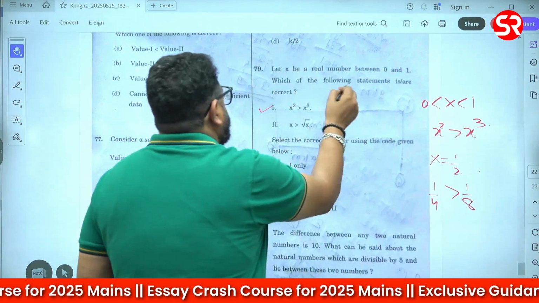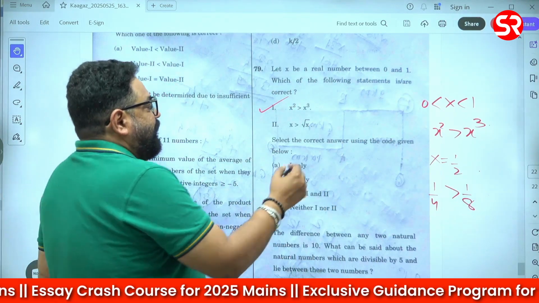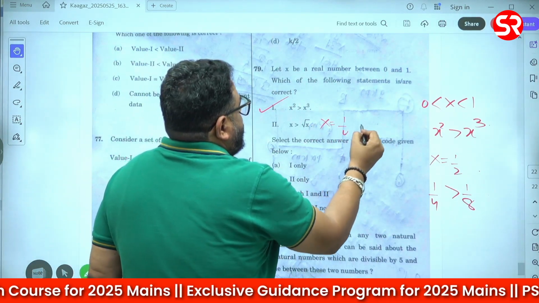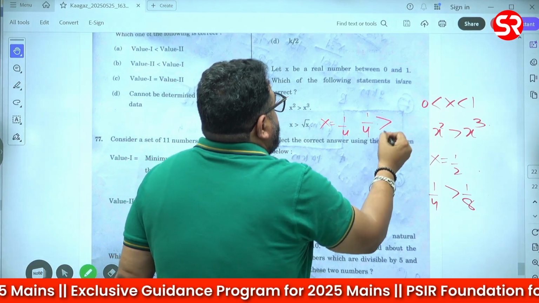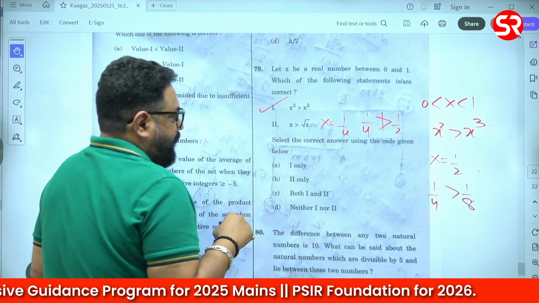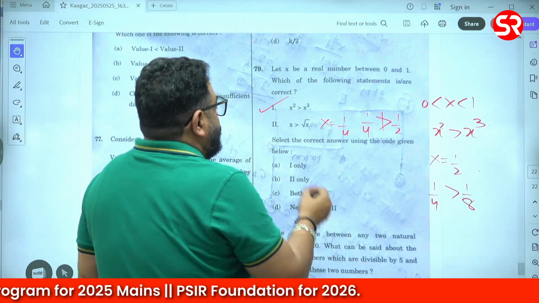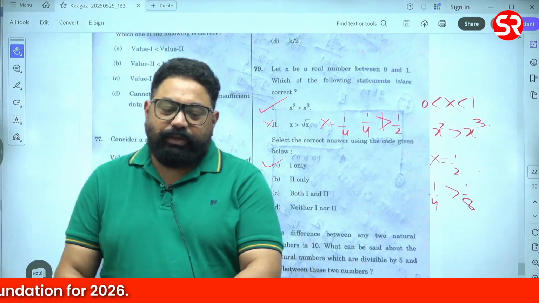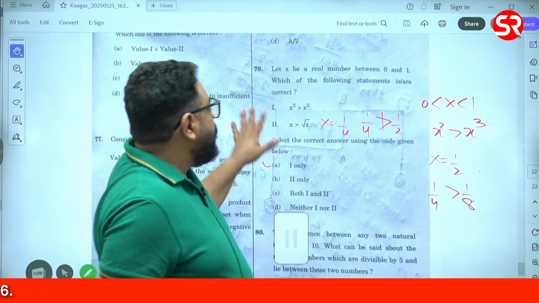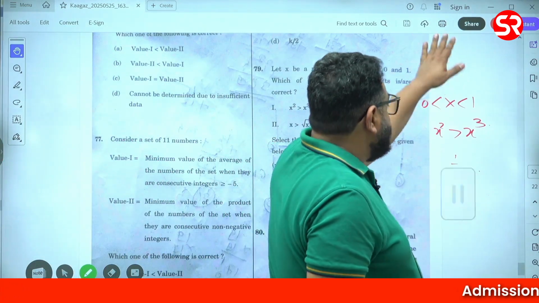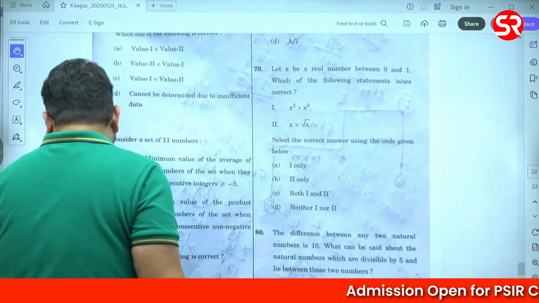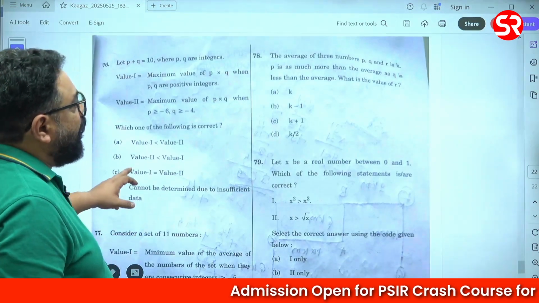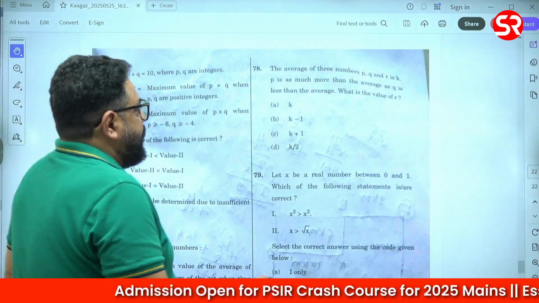Similarly, if you take x is 1 by 4, then 1 by 4 is not greater than 1 by 2, isn't it? It is actually less than 1 by 2. So wrong. So A, only A. So we can save a lot of time finding right questions, right? और ये दोनों बहुत easy questions थे. Average. I think you should have done this as well.